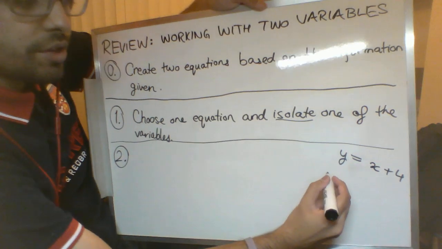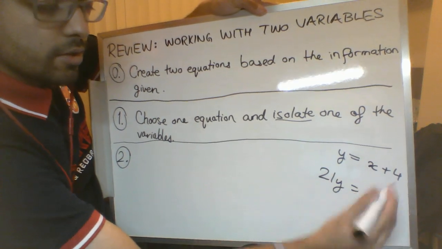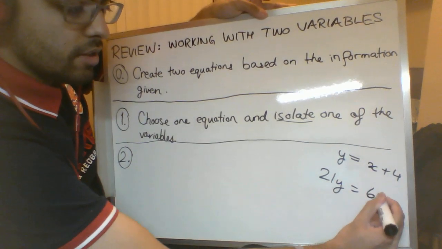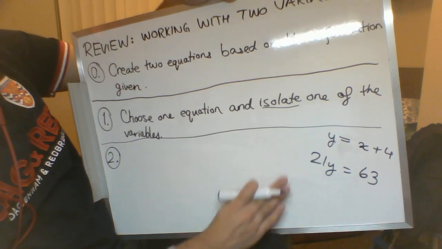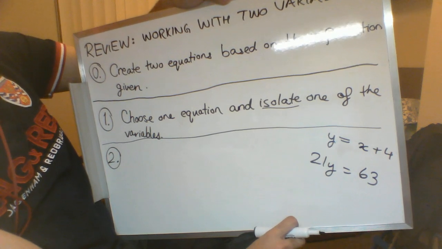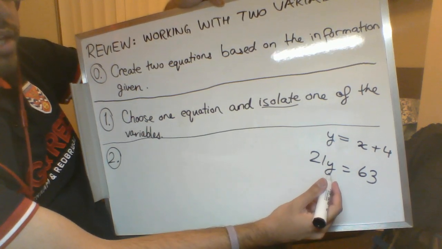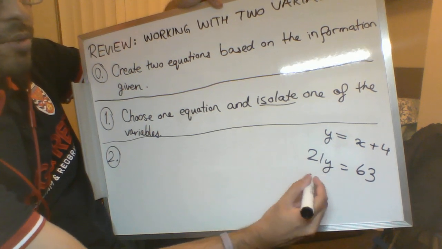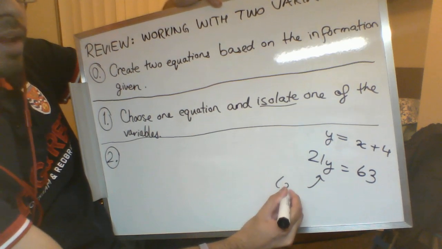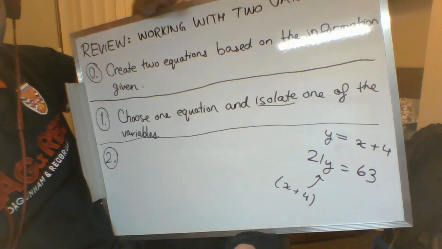So if you've got 21y is equal to 63, you can replace this y with x plus 4.